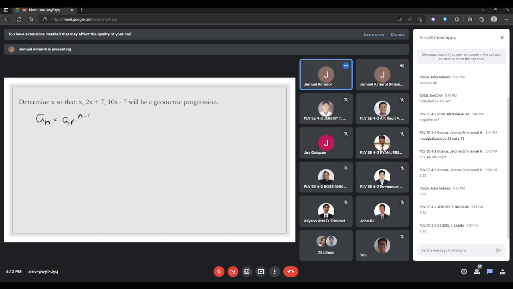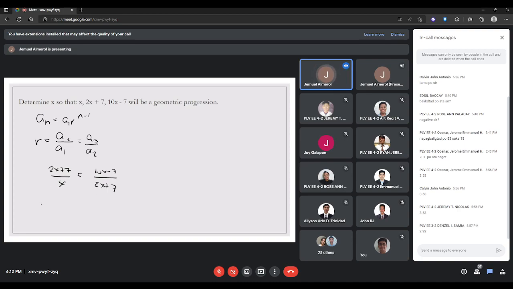And we all know that r can be obtained by dividing two successive terms. Example, a sub 2 over a sub 1 and a sub 3 over a sub 2. Okay? So, yan ang gagawin natin. Ratio natin. So, first, we have 2x plus 7 over x equal to 10x minus 7 all over 2x plus 7.